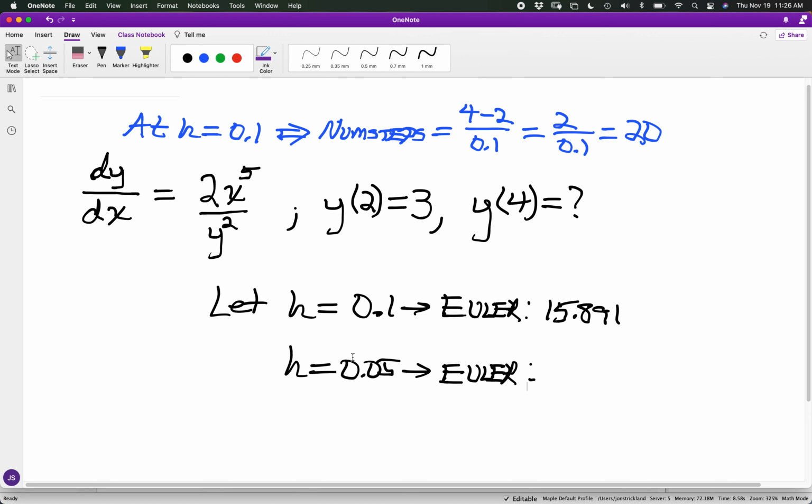Now, if I were to reduce the step size, my number of steps would double. So in this case I would have 2 over 0.05, and this would be 40.